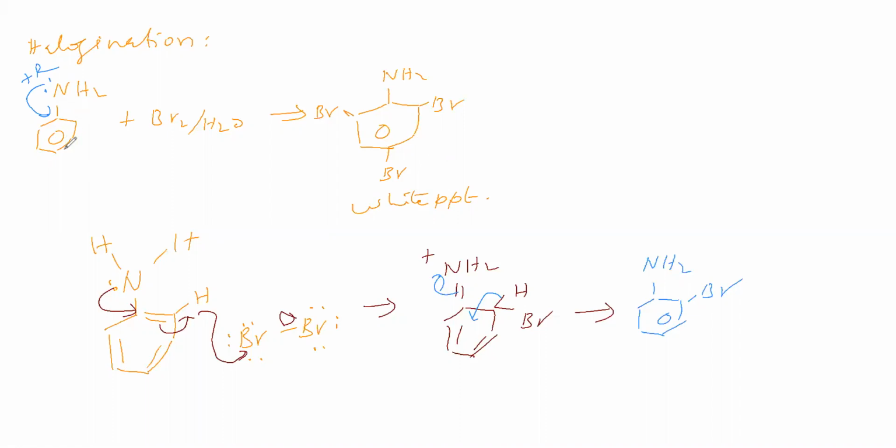Here aniline has gone for tribromination. Now how to make aniline go for monobromination, that point we'll see. To undergo monobromination, we first have to convert aniline into an acyl derivative. That means it is taken for acetylation.